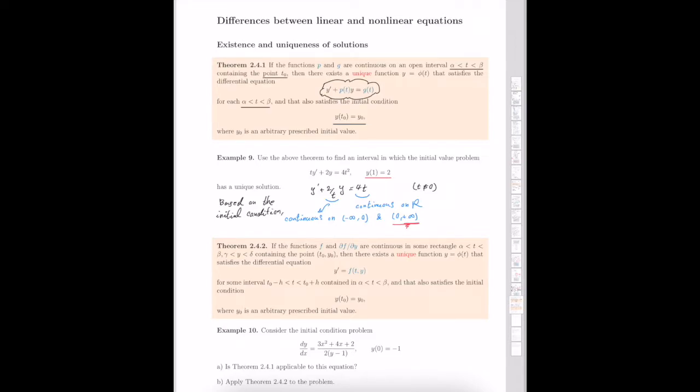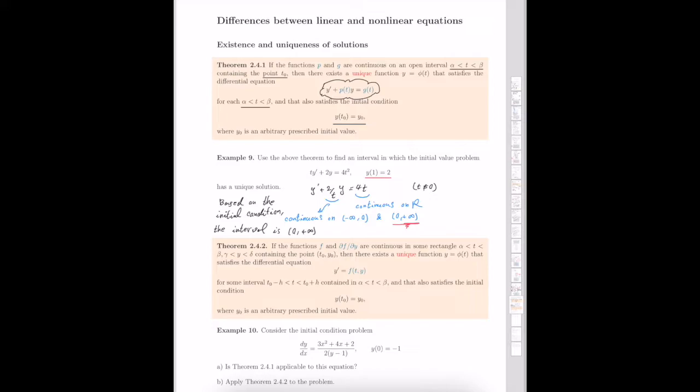So in the initial condition, the interval is 0 to plus infinity. Okay, so we are guaranteed that in this interval there is a unique solution for this differential equation.